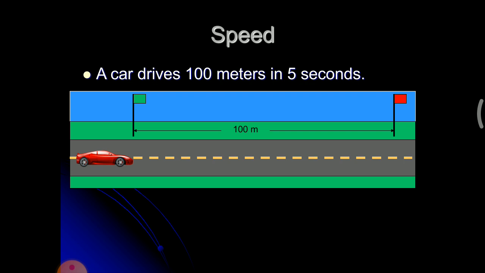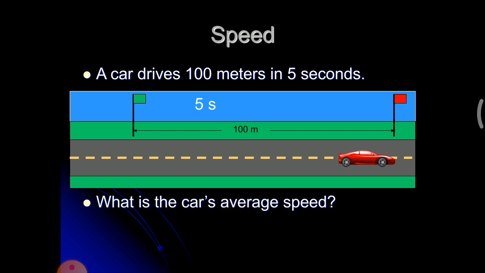A car drives 100 meter in 5 seconds. Look here, the car drives 100 meter in 5 seconds. So what is the car's average speed? You know how to calculate the speed. Speed equals distance by time.